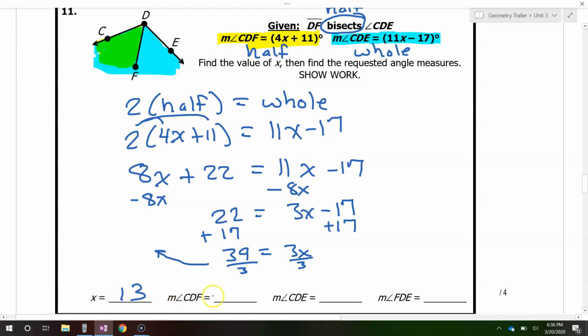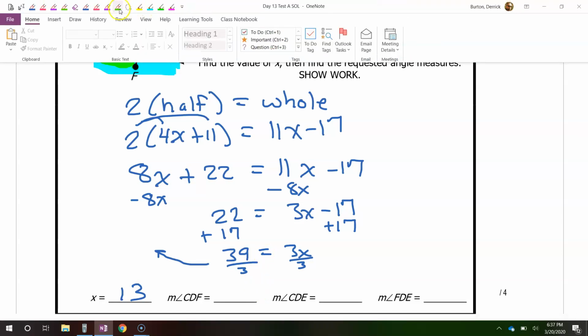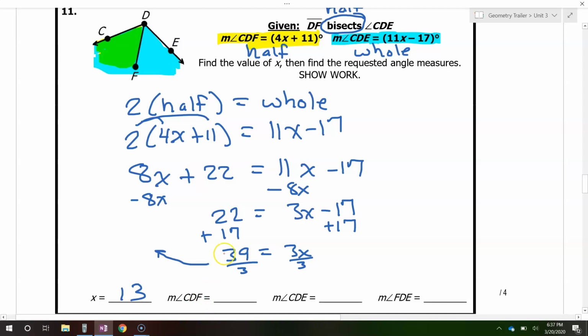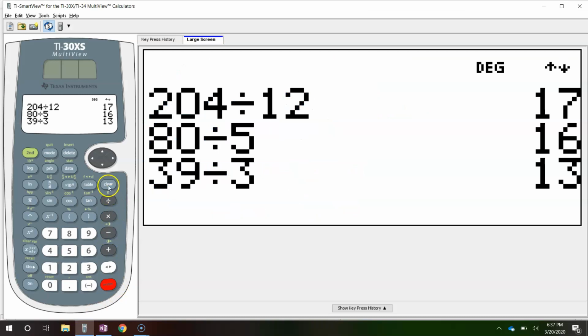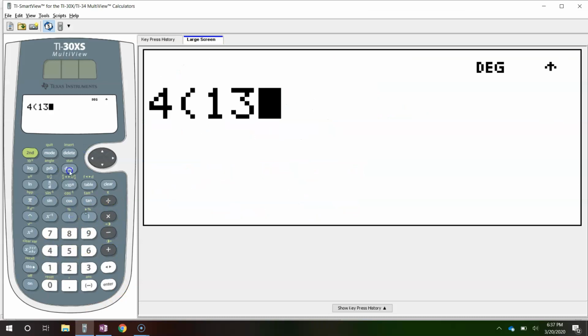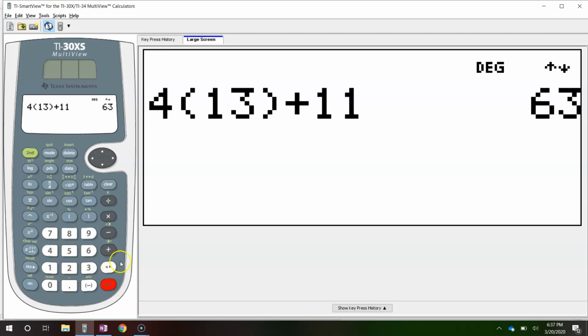Okay, but now I need to find each of these expressions. So, CDF. Well, CDF is this expression right here, the 4x plus 11. Okay, so if I take that and I plug in 13, this will become 4 times 13 plus 11. That's 63.